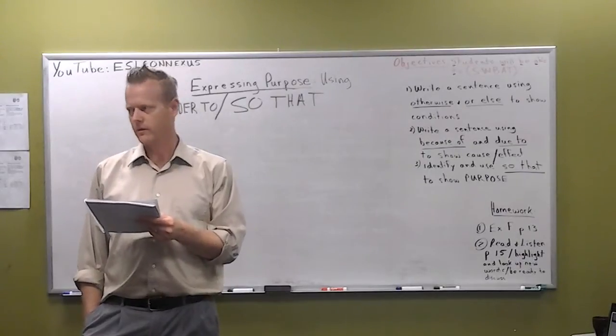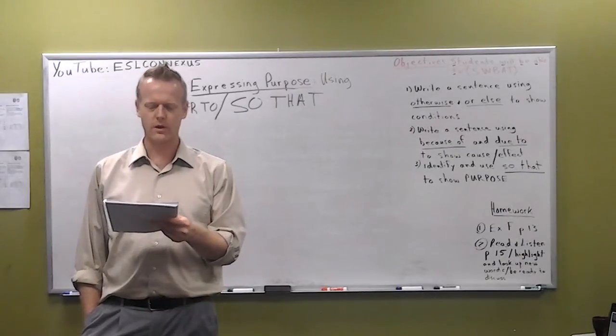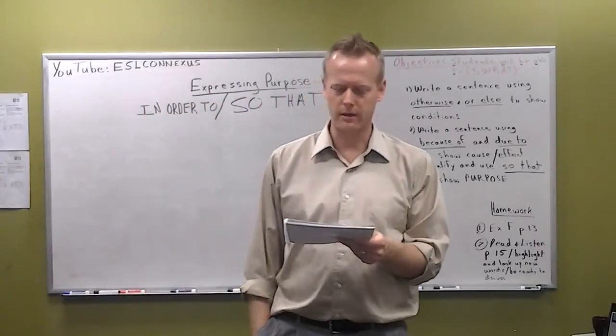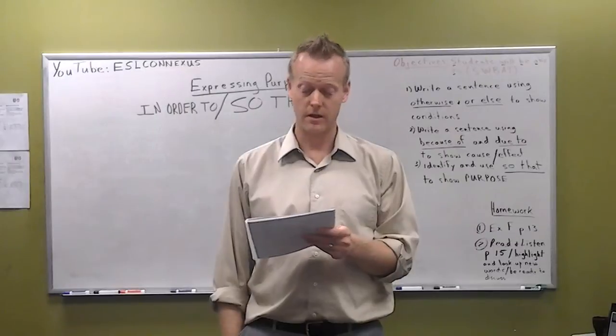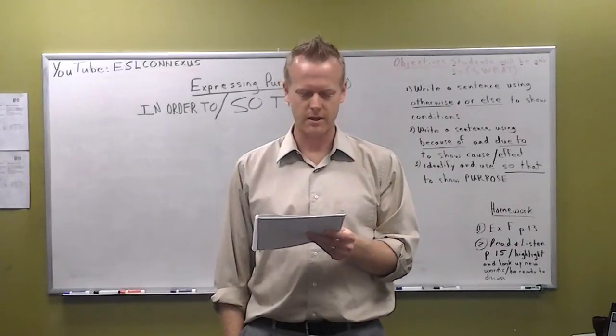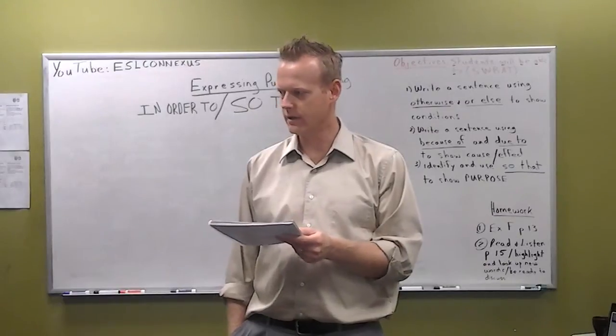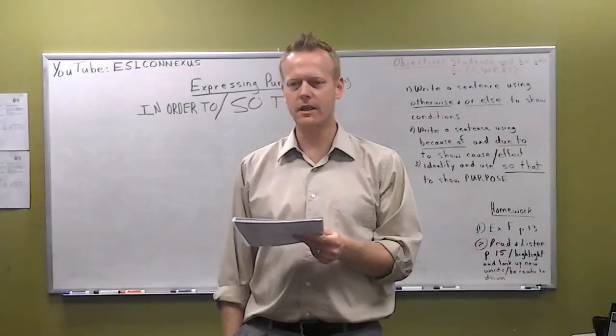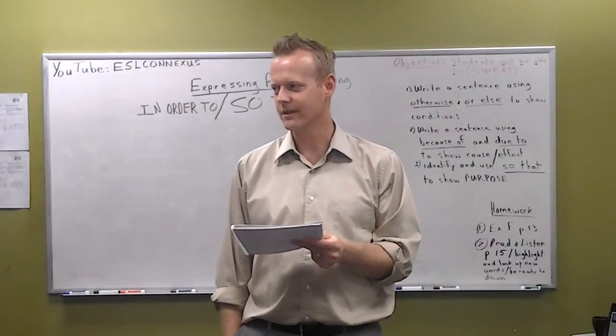Okay, so here we go. Now we got to think. So where's the main clause? What's the subject of the main clause? "I" is the subject. "Turned off" is the verb. I turned off what? The TV. So the TV is the direct object.